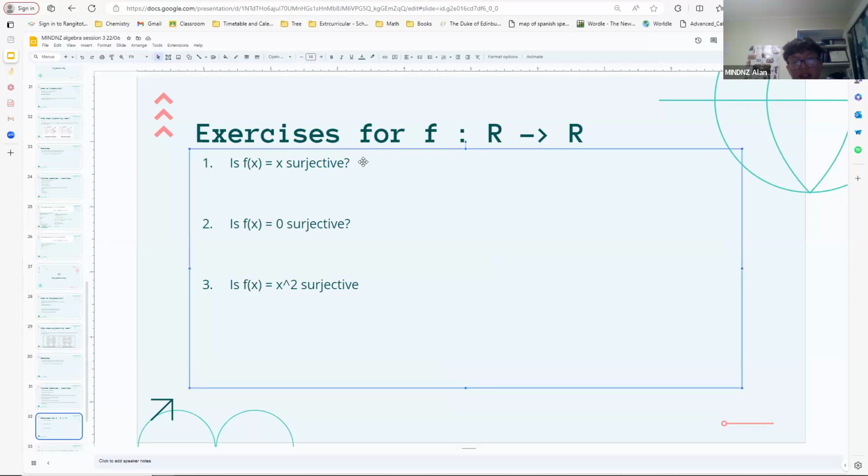So here are some exercises for surjectivity, which is kind of confusing. Is f of x equals x surjective? Can someone tell me in chat?